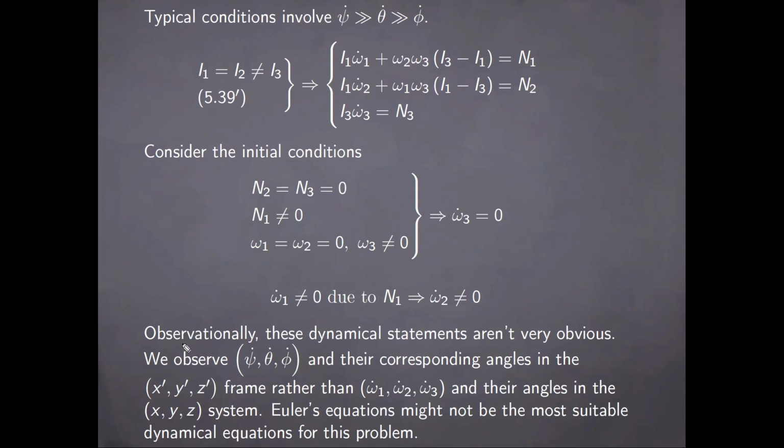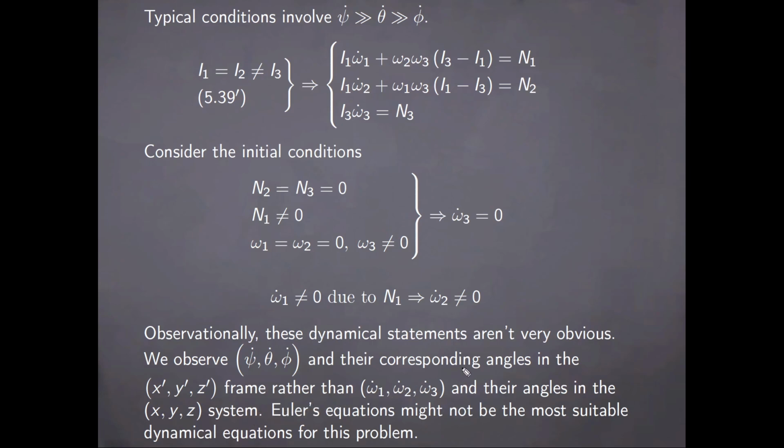Now, from an observational standpoint, these dynamical statements are not overly obvious. The reason is because what we typically observe in the laboratory are the rates of change of the angular variables together with the corresponding angles. So these are observed in the laboratory frame, rather than observing, let's say, rates of change of the angular velocity and their corresponding angles in the body set of axes.